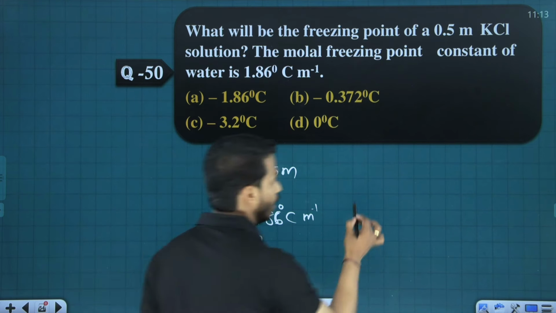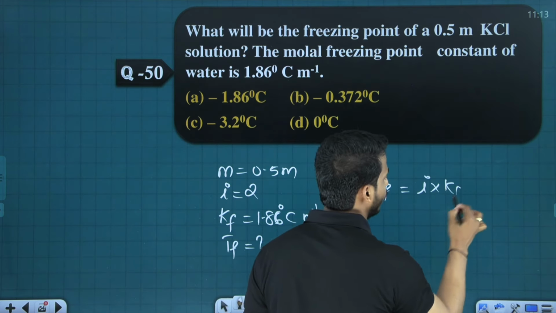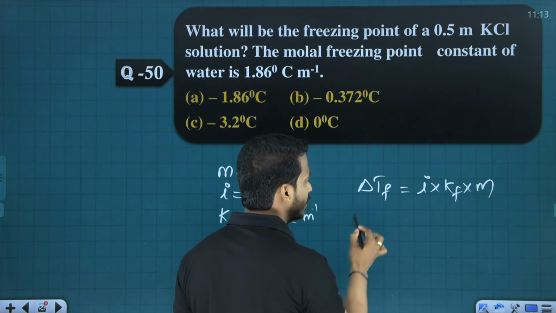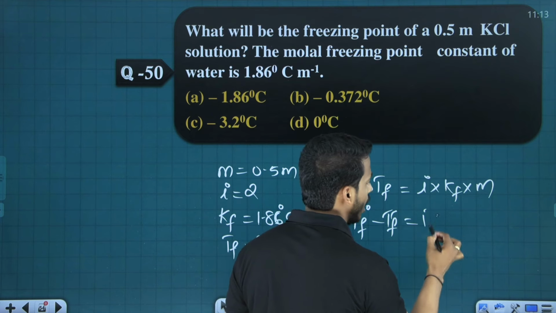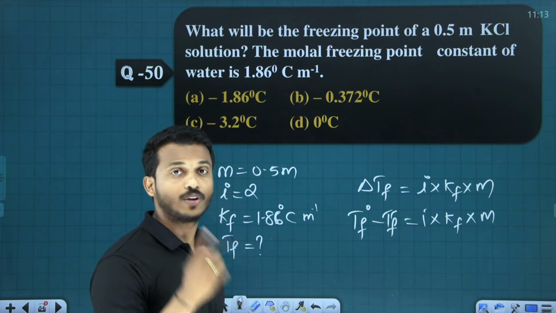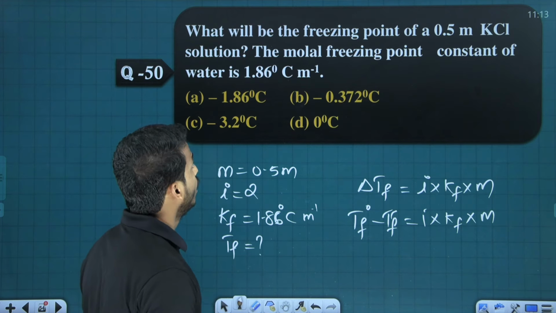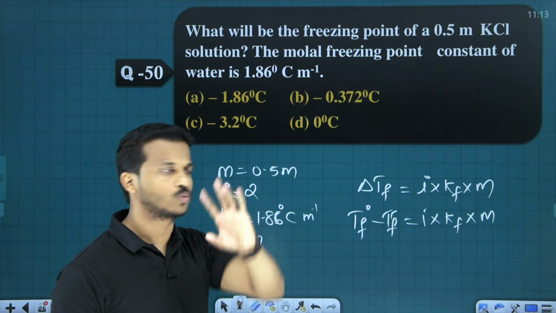What is our equation? Delta Tf is equal to i into Kf into molality. Delta Tf, how to calculate? Tf naught minus Tf equals i into Kf into molality. What is Tf naught? The freezing point of the pure solvent. Here the solvent is which one? They just mentioned solution, right? So the solvent is water.